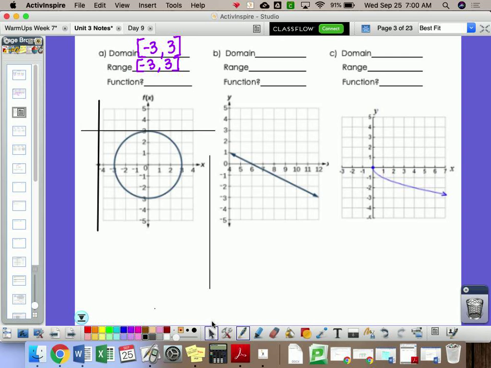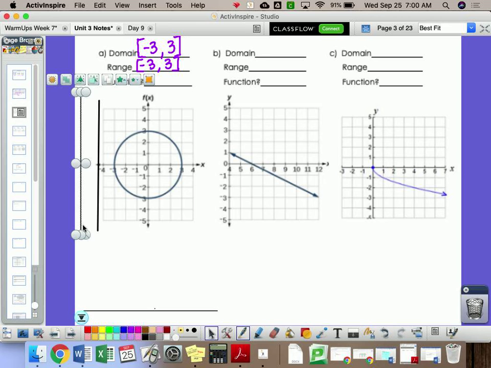Okay, then I'm actually going to reuse this vertical line that we used to do our domain. And I'm going to use that to do the vertical line test to determine if this is or is not a function. So if I drag this across, if I touch my graph at 2 spots or more anywhere, this will not be a function.